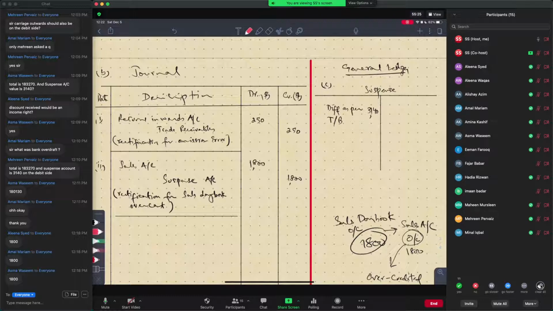Suspense account was created in the same way: there was a gap in the double entry system on the trial balance, and suspense account was born because of that gap. And similarly, when you are doing the rectification, a vacuum or gap will be created within those rectifications too, and suspense account will keep on filling those gaps.